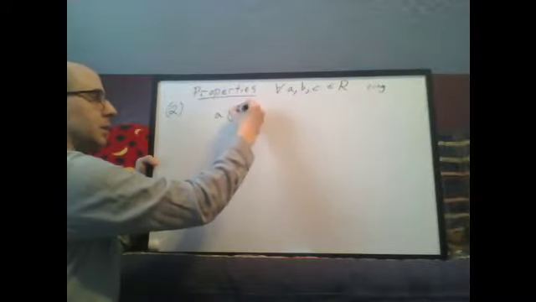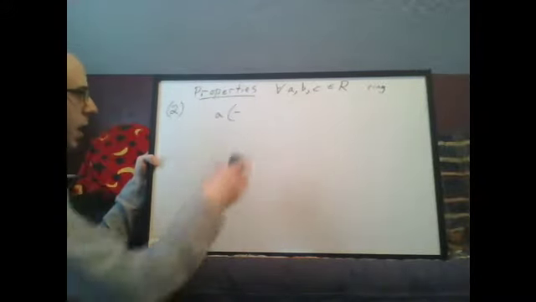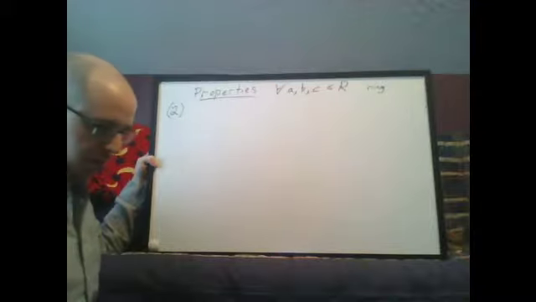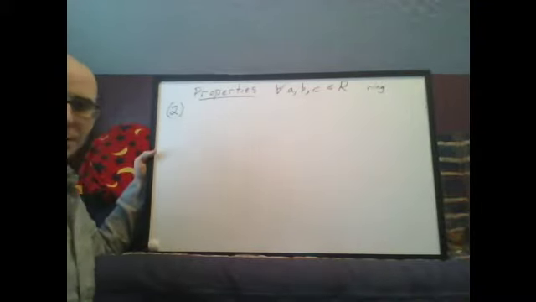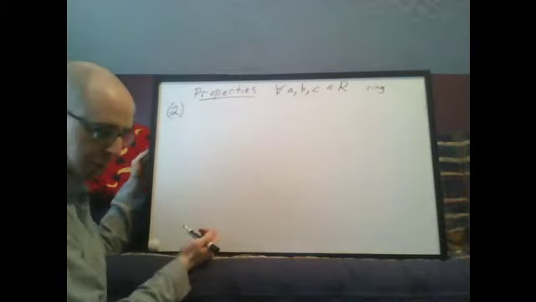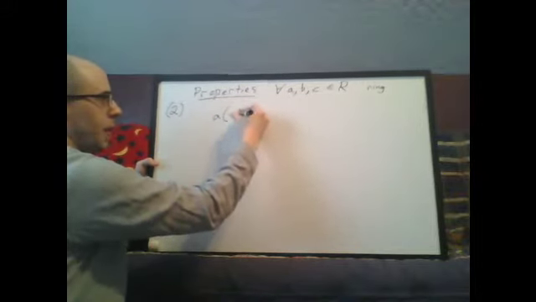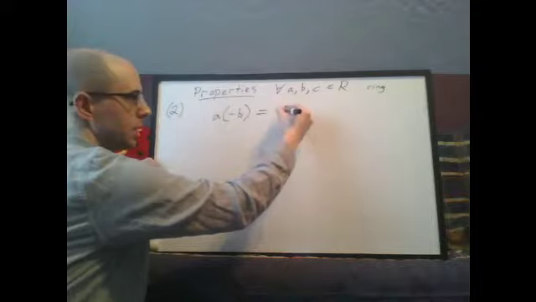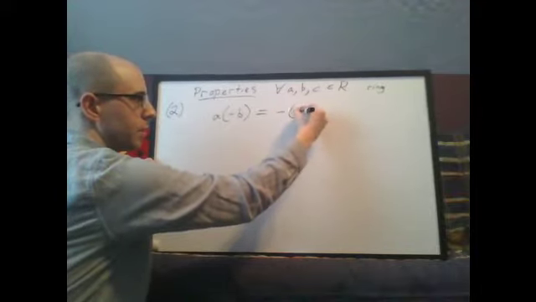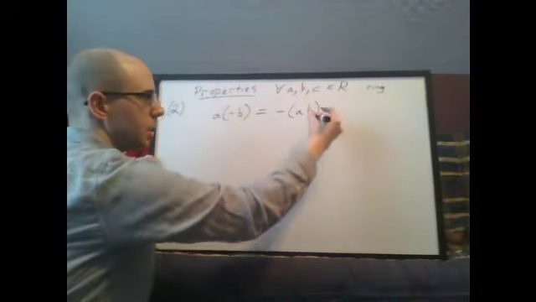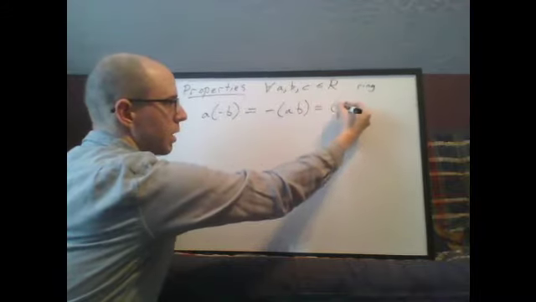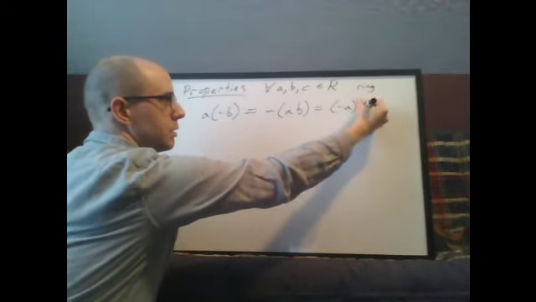A times, by the way, I'm going to stop putting the dots because that's getting tiresome. We use standard multiplicative notation. If we juxtapose two elements, that just means multiply. So a times negative b is the same thing as negative a times b, which is the same thing as minus a times b.